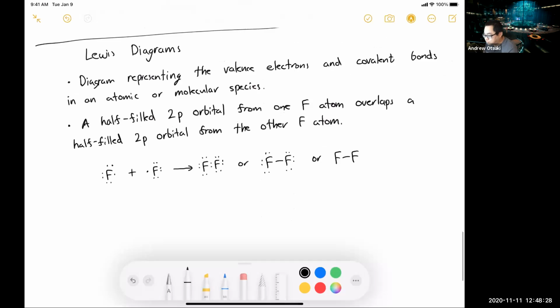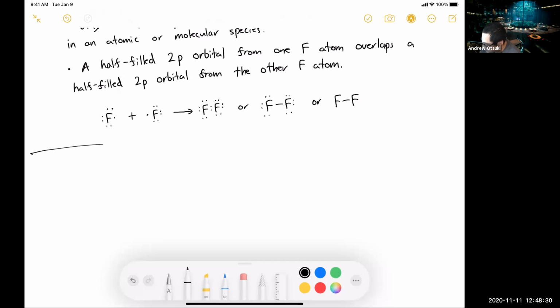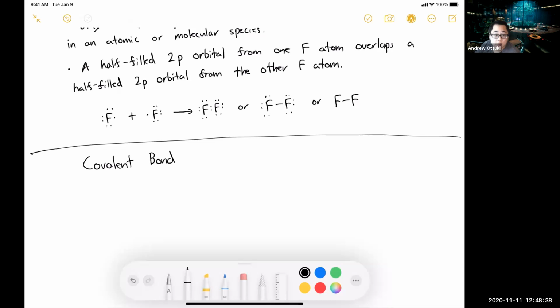Some more terms for covalent bonds. So let's look at them. Covalent bond continued. Let's talk about lone pair. Some of you may have heard of this term before.